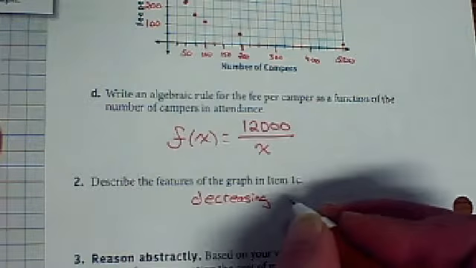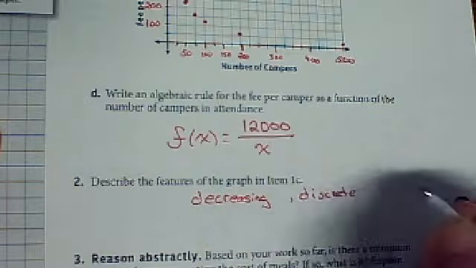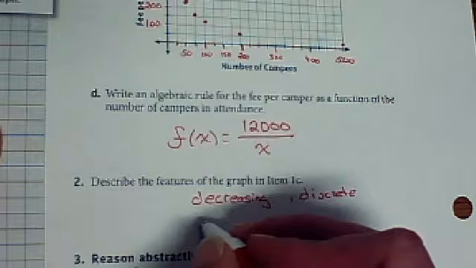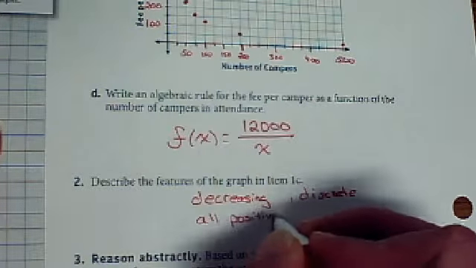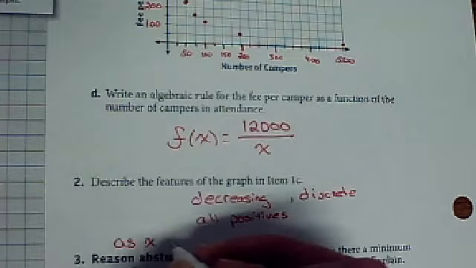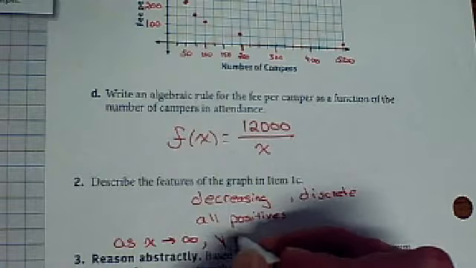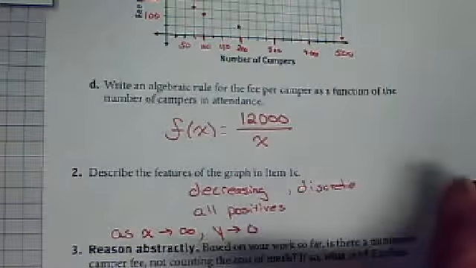Now, one thing also about it is it's discrete. It's singular points. You can't have half a camper. It's also all positives. As our x values get bigger, our y values approach 0. So if you had 12,000 people, it'd be $1 a piece. That's really cheap.